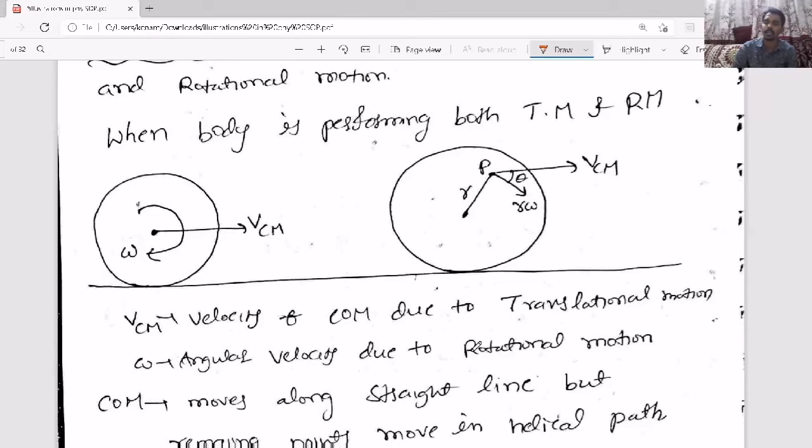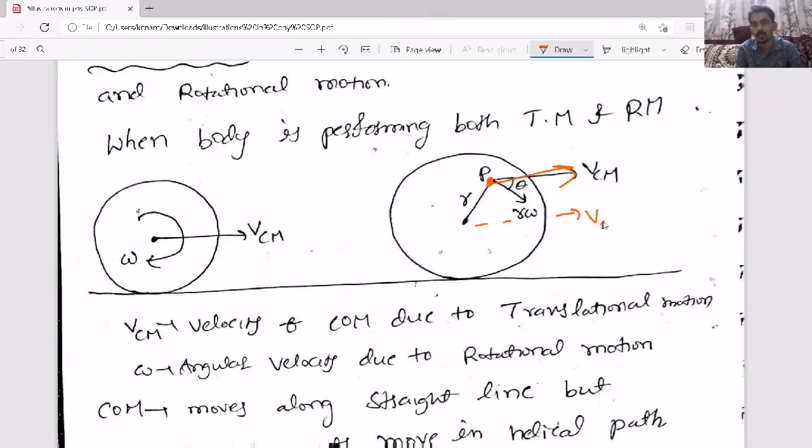That we call combined motion of rotation and translation. That we call rolling motion. And in rolling motion, when you consider a point on the body, it has some velocity VCM along the direction of velocity of the center of mass.